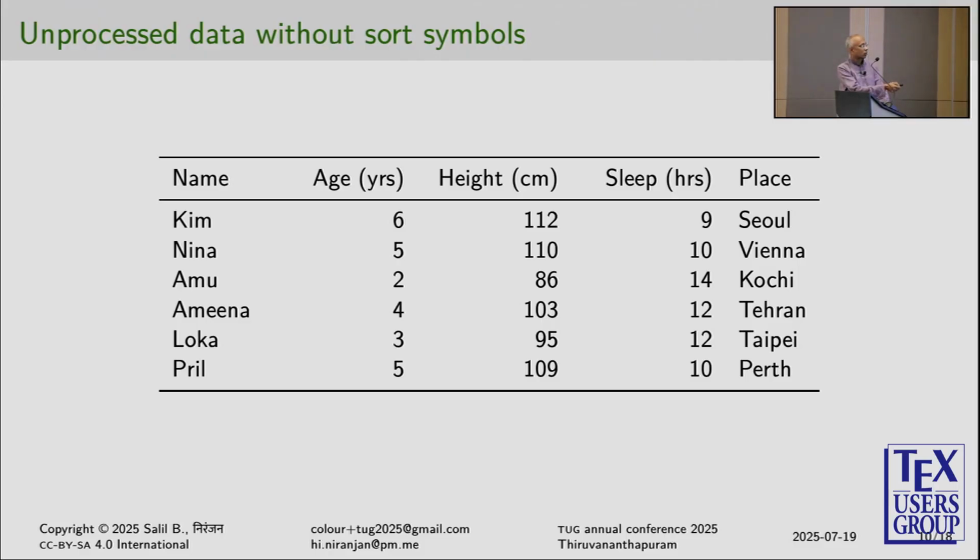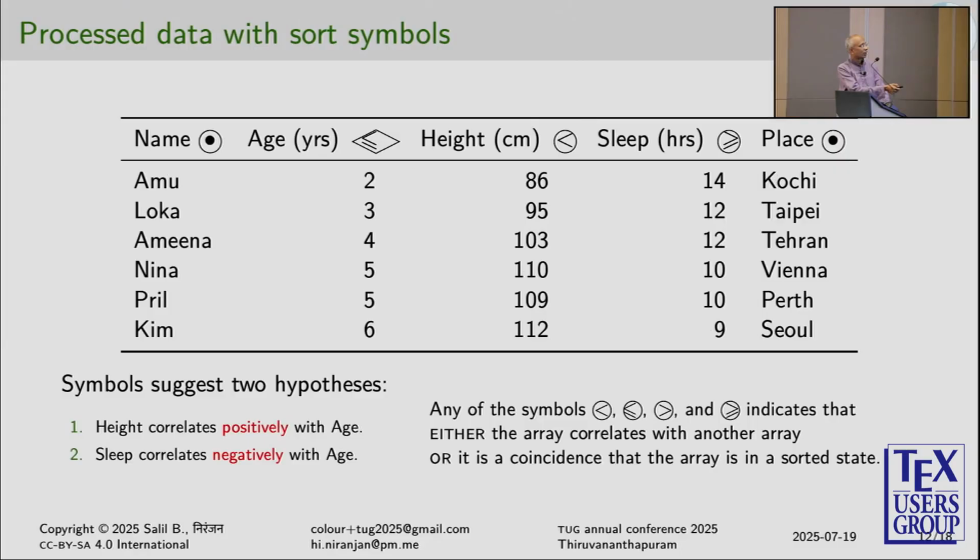When we sort it, the whole row gets sorted, goes up or down. The values are not independent. So when we sort this, Kim comes at the bottom, but these values are not getting sorted independently.